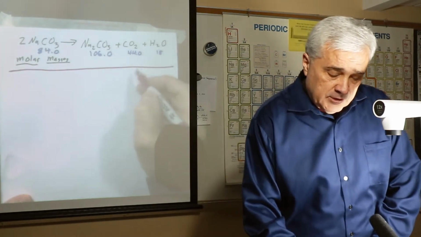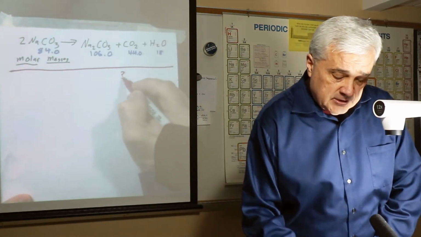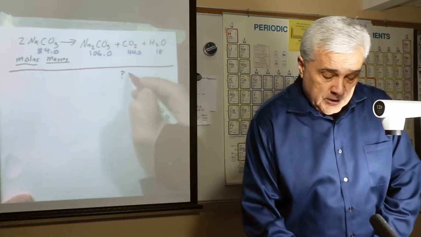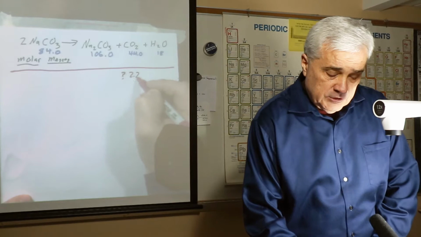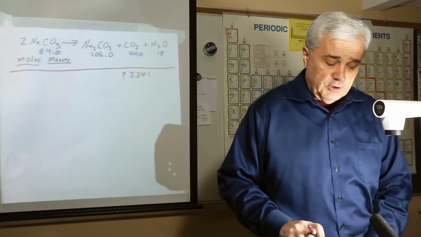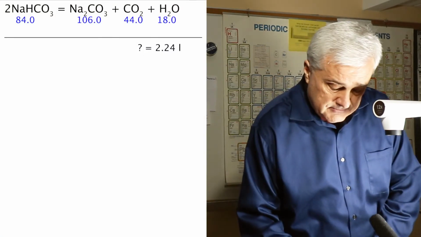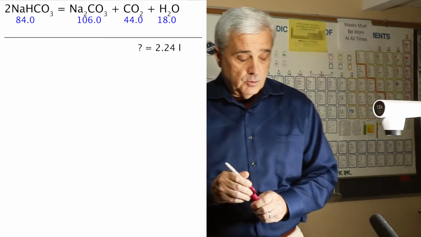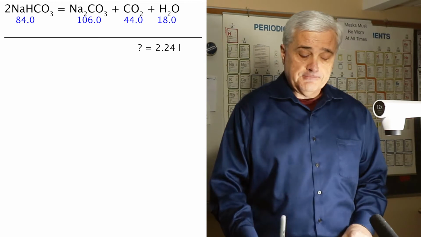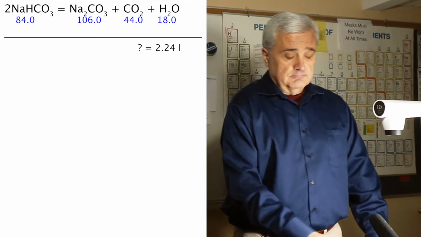And I'm going to write underneath here the question mark. That means this is what I'm looking for. The question mark is I need 2.24 liters. That's an L, not a 1. 2.24 liters. That's what I need.